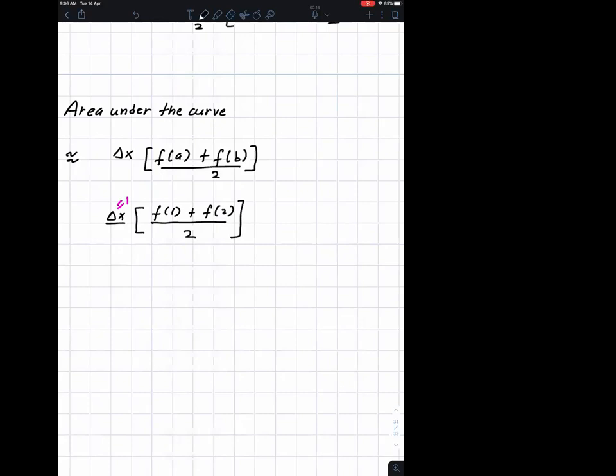And then the next one is plus delta x, f2 plus f3 divided by 2.